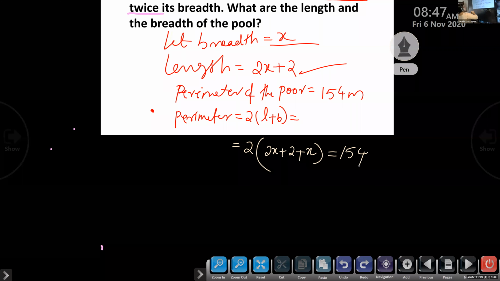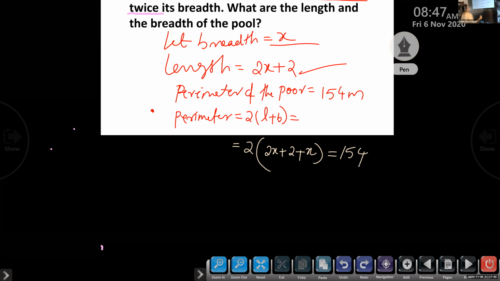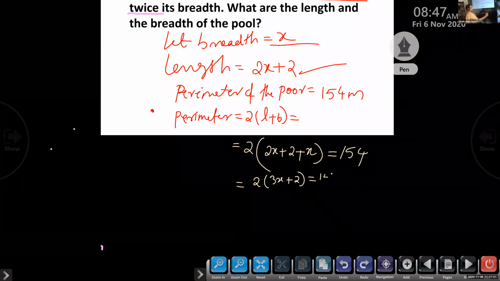It is given 154. So this is the equation. Now we can simplify. That is 2x plus x, 2 into 3x plus 2 equal to 154.